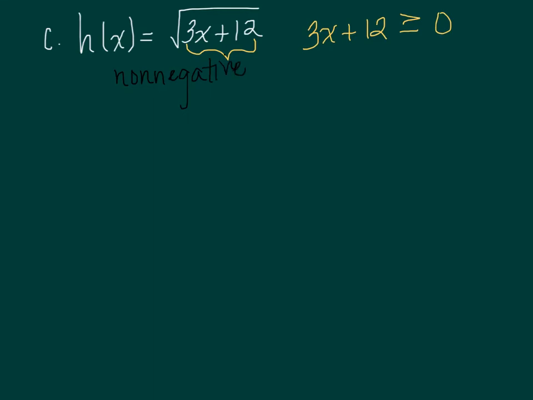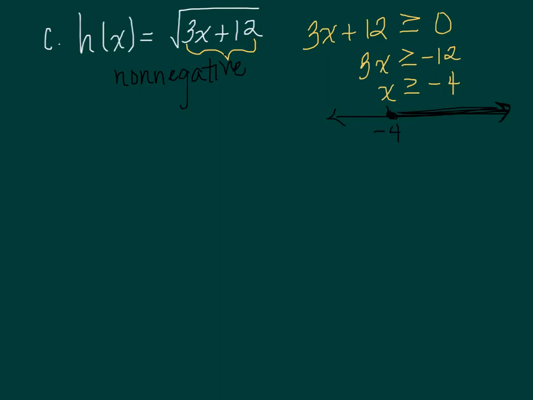All right, so we're going to get x by itself. So subtract the 12. So x has to be greater than or equal to -4. So to keep this from being a negative number under the radical, all of my x values have to be greater than or equal to -4. So on your number line, here's -4. And you see that equal sign? That means anything greater than or equal to.